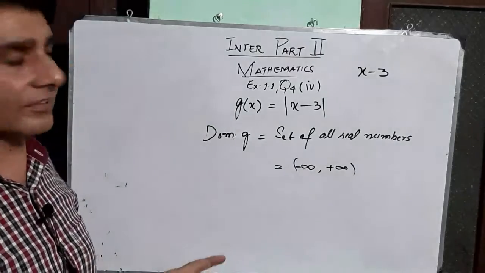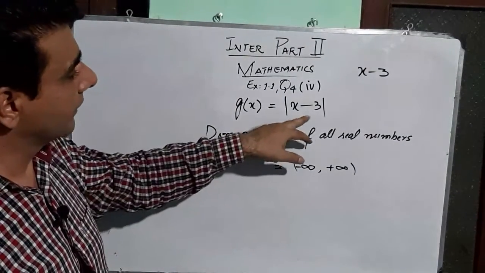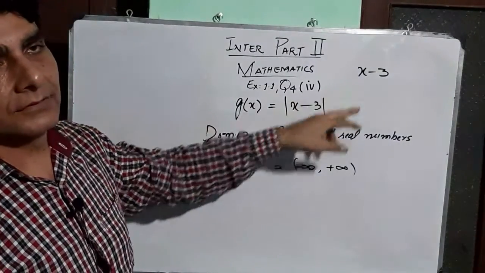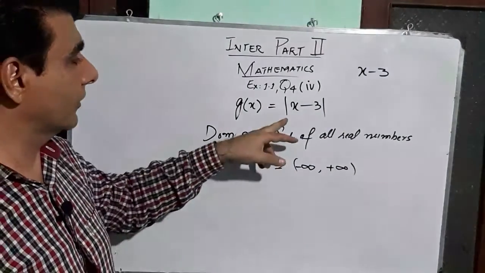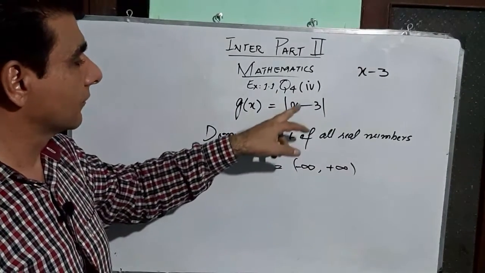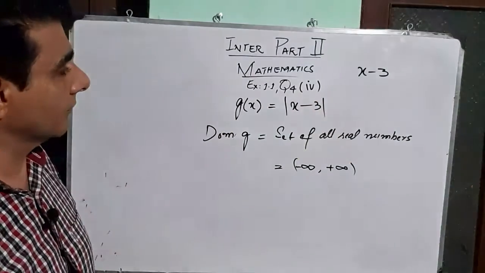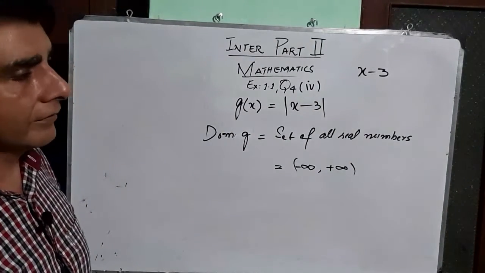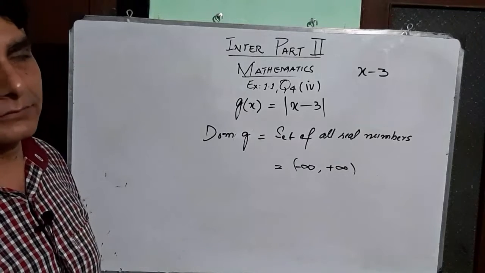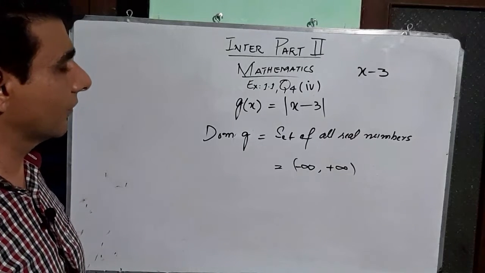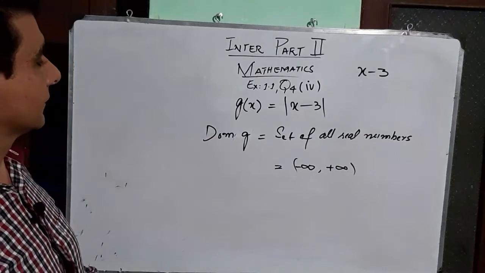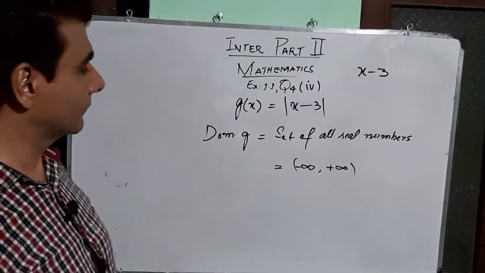There is no restriction here. It is an absolute function, but the inside expression is a linear expression. So for a linear expression, it is defined for all real numbers. So there is no restriction. So it's easy to find its domain.